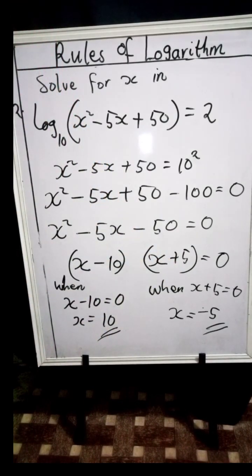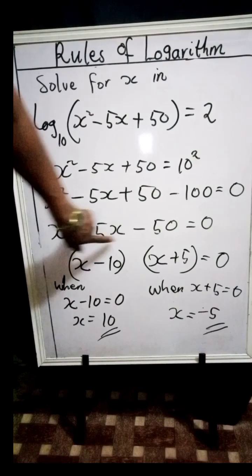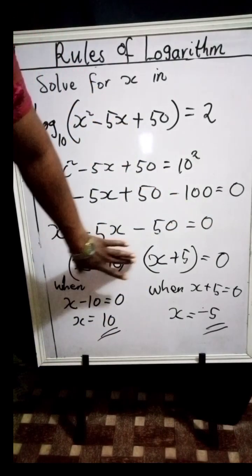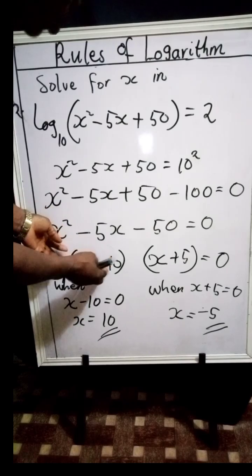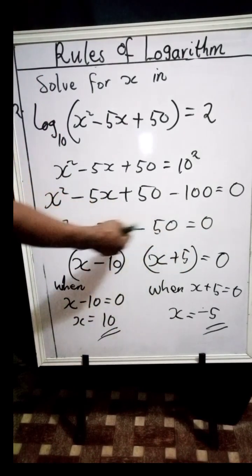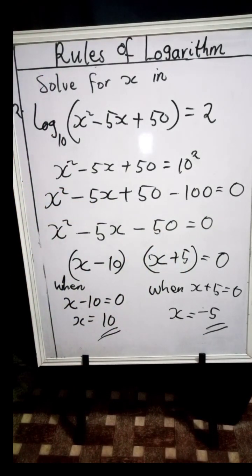Then the next is that since this is equal to 0, this is also equal to 0. If we multiply this out, we get back this equation. Okay? Now, what will we do?